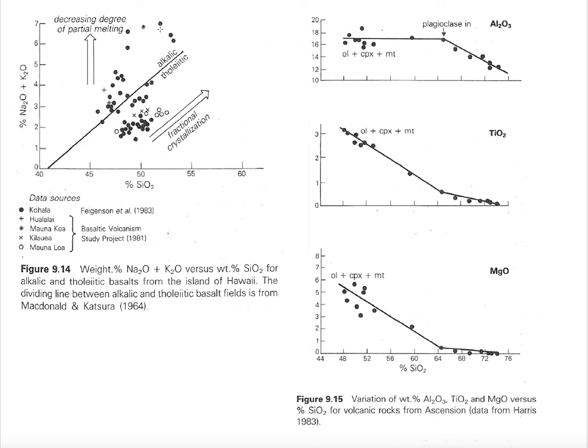Now we look at the most recent one, Kilauea, with the crosses. Kilauea is the youngest one, it is tholeiitic, and it follows the fractional crystallization.